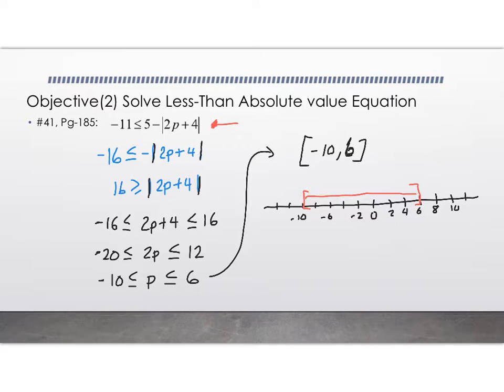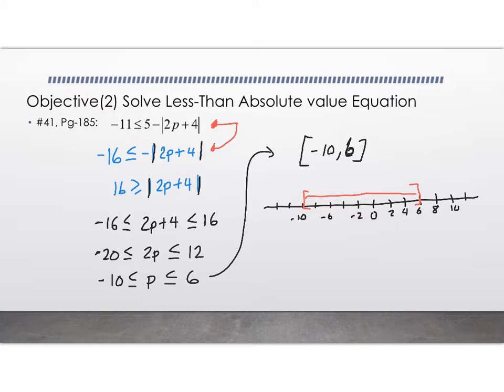The first step is always to isolate your absolute value. So we subtract 5 from both sides of the equation. That gives us -16 is less than or equal to the negative absolute value of 2p plus 4.